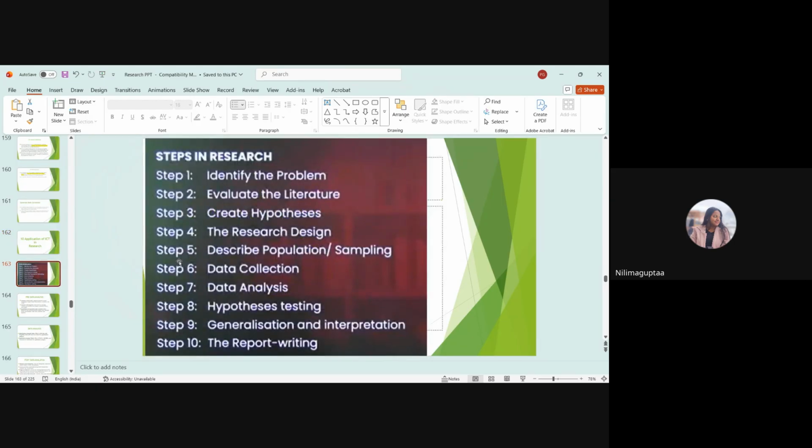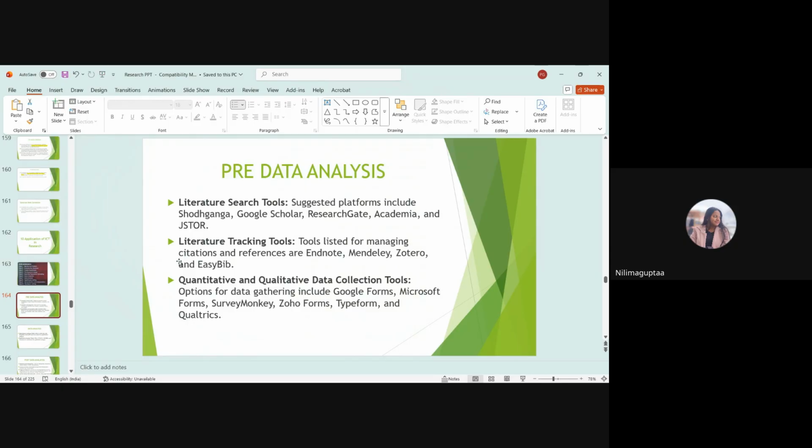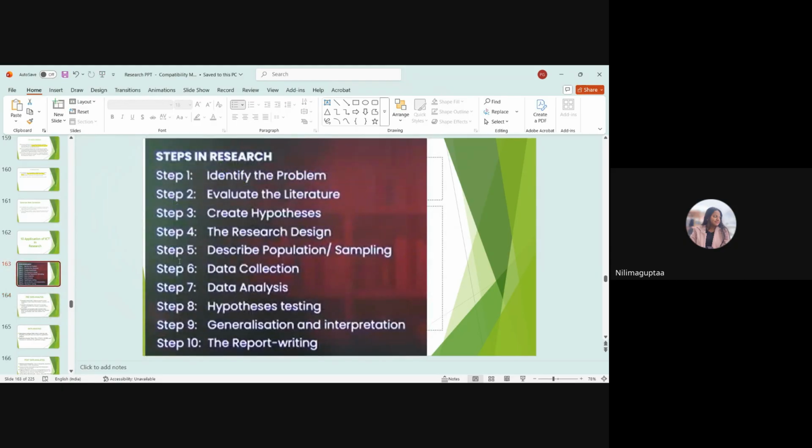So yesterday we did the steps of research. According to the steps of research, ICT has been divided. There are various kinds of tools that we have for doing the research, like the pre-data analysis that we do according to the step of research, that is, after having your problem, creating that problem that you want to work on as research, evaluating the literature.